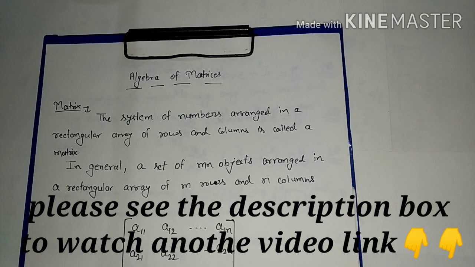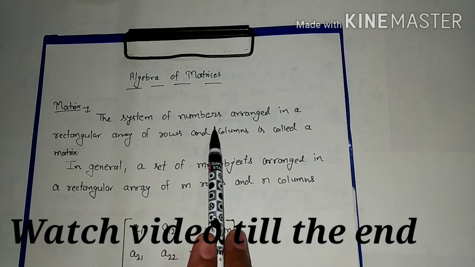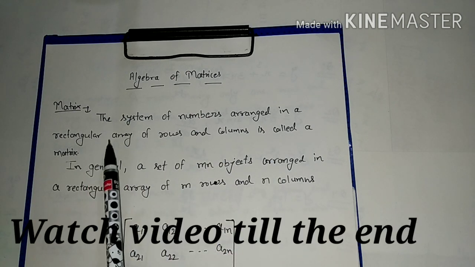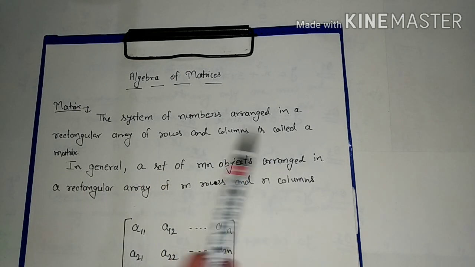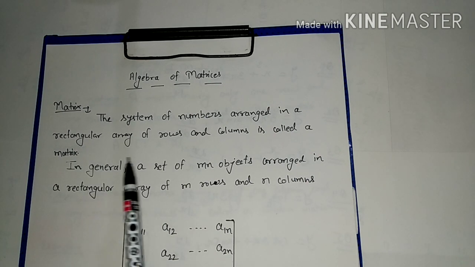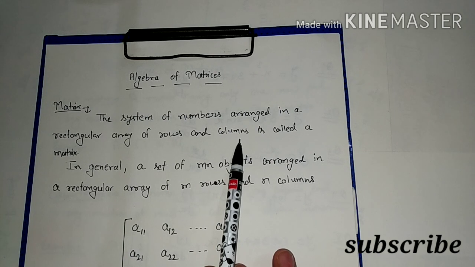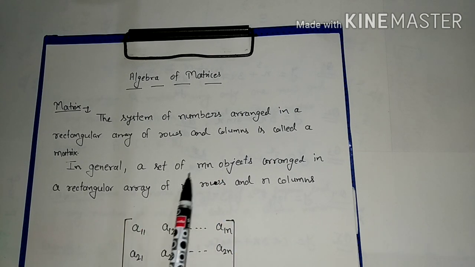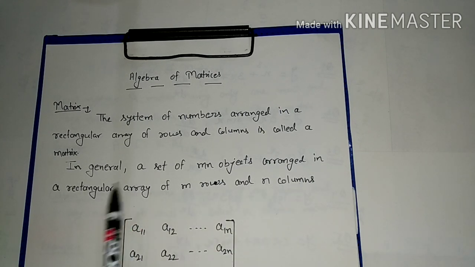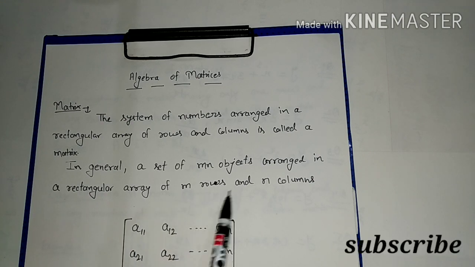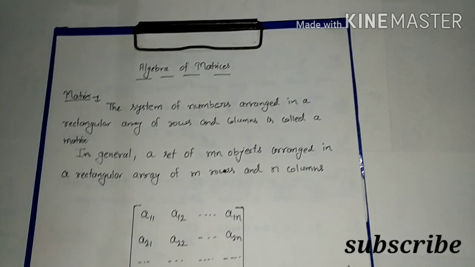What is a matrix? The system of numbers arranged in a rectangular array of rows and columns is called a matrix. Simply, a matrix is the system of rows and columns. In general, a set of mn objects arranged in a rectangular array of m rows and n columns.